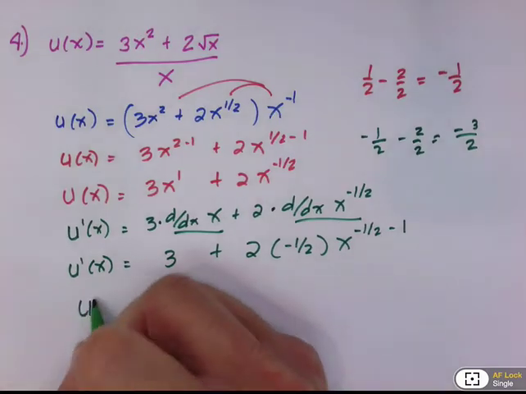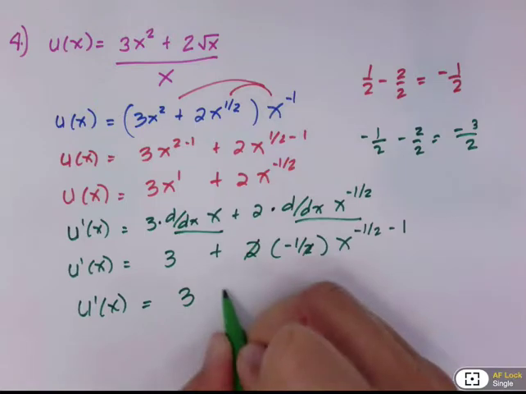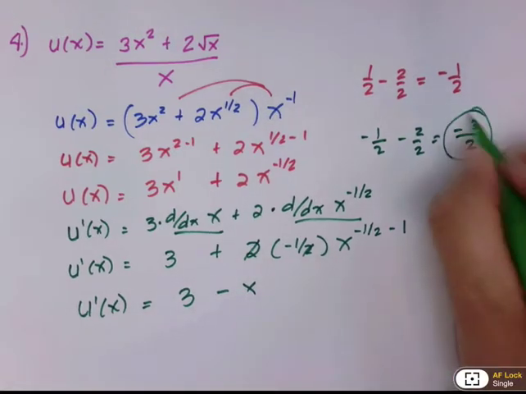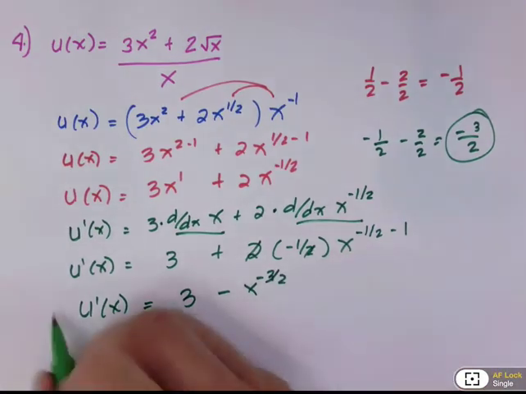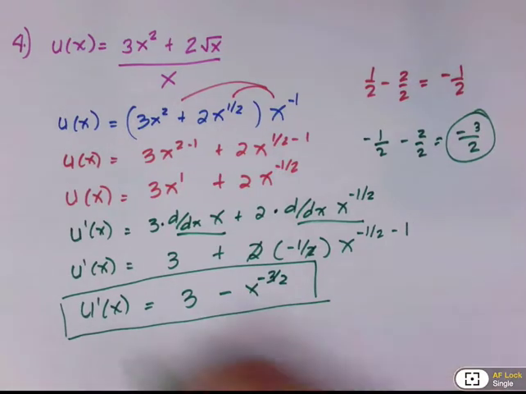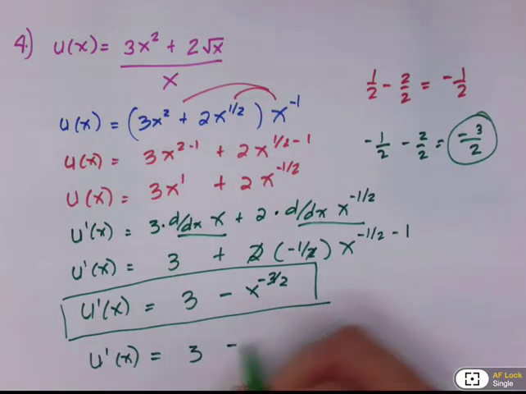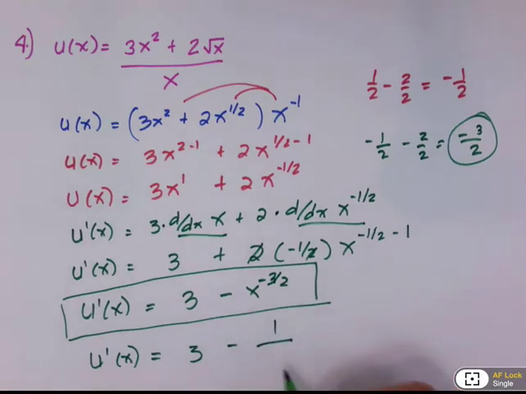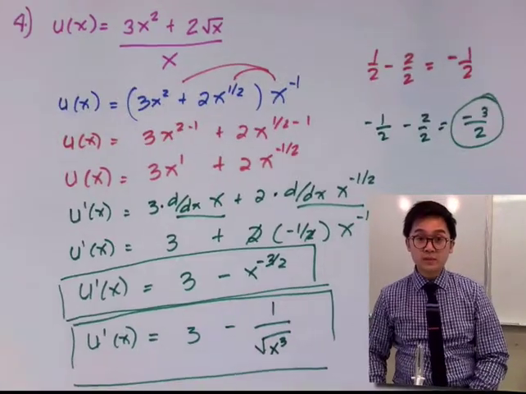So our final answer for u prime of x is 3, cancel this, minus x to the negative 3 over 2. That's u prime of x, which can also be simplified into 3 minus 1 over the square root of x cubed. Another version of our derivative.